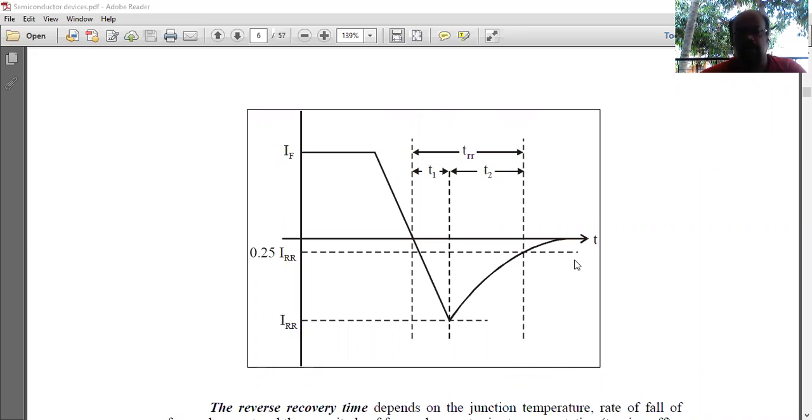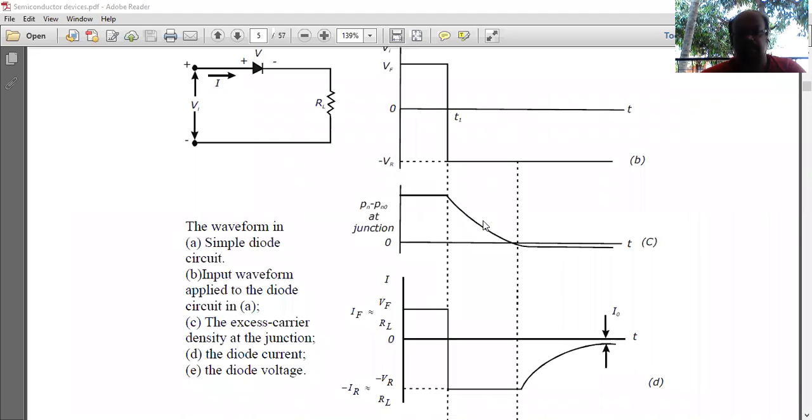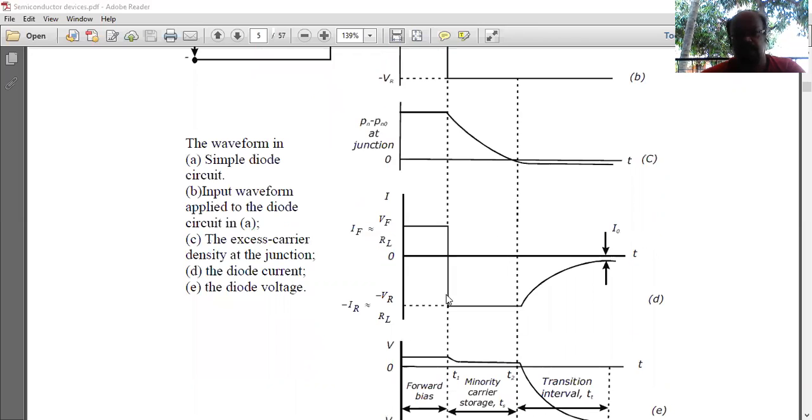As I told, reverse recovery characteristics are more important than forward recovery, because in the forward direction the diode is simply conducting under forward bias, acting as a power circuit. Once the current crosses zero, recombination of charges happens and the current goes to zero.